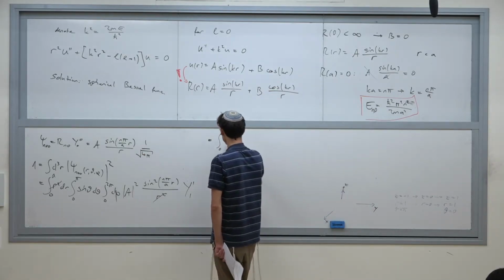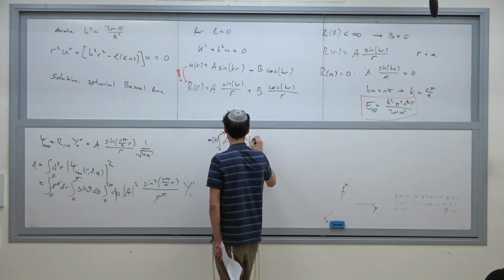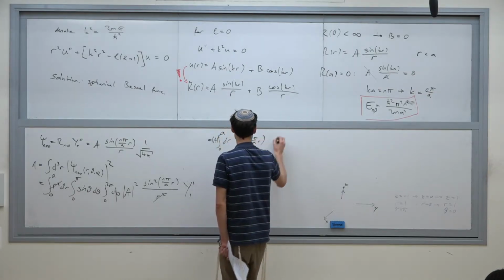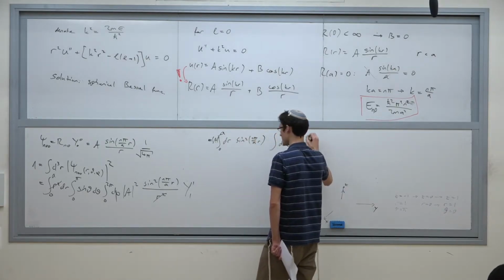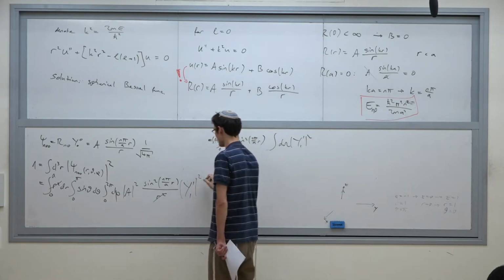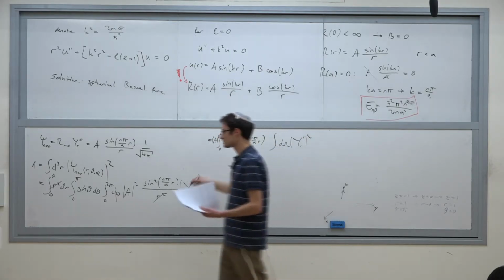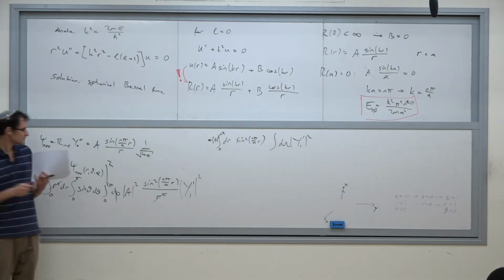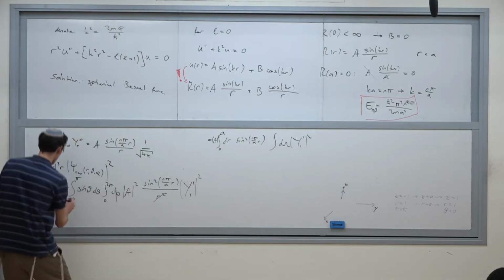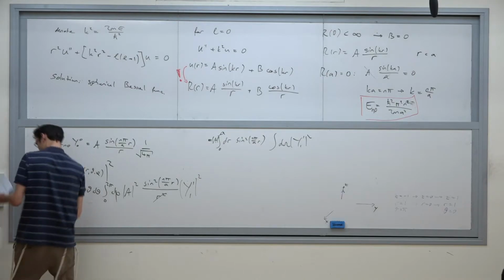There's an A squared outside, dr sine squared. It's getting simple now. And there's a second integral, with the squared spherical harmonic.